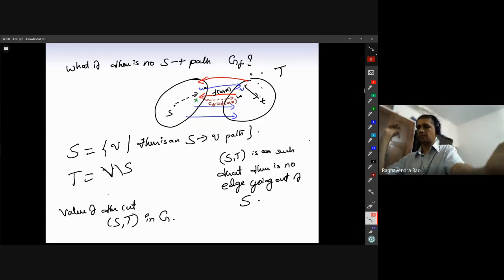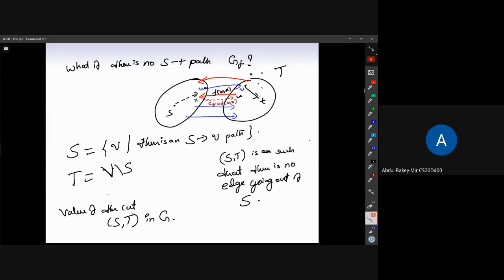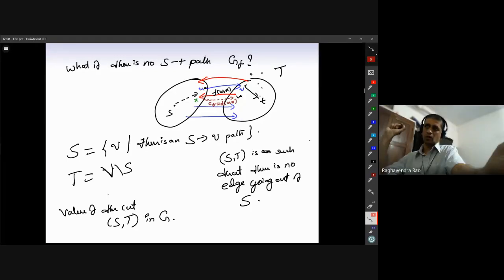What does it mean? Can one of you summarize? We cannot further increase the flow. We cannot increase the flow, but what can you say about the value of the flow?